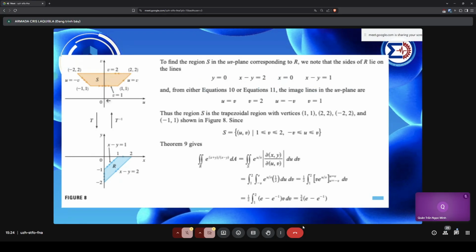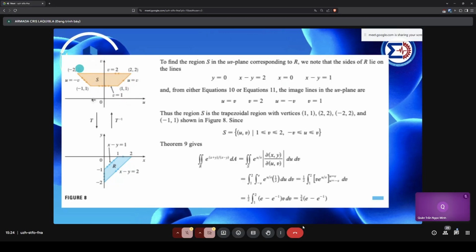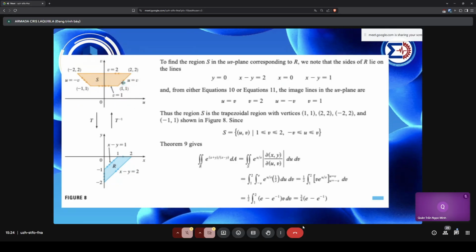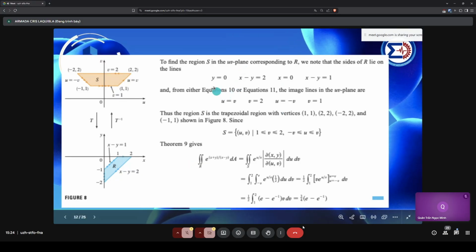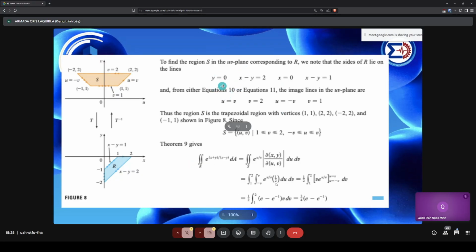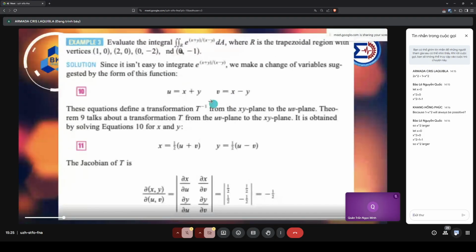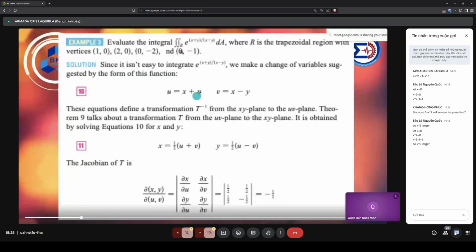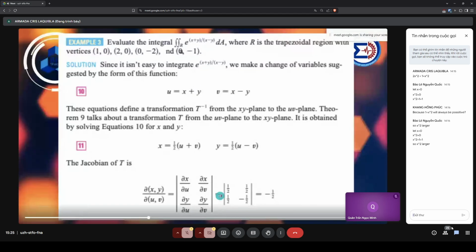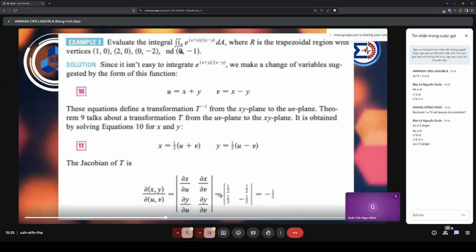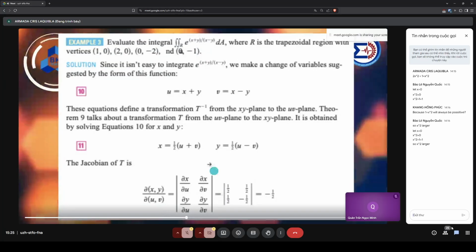Now, how to get the S region? Okay. Now, for the S region, when your y is 0, look at class. When your y is 0, look at here.